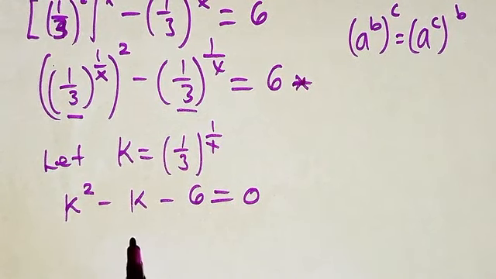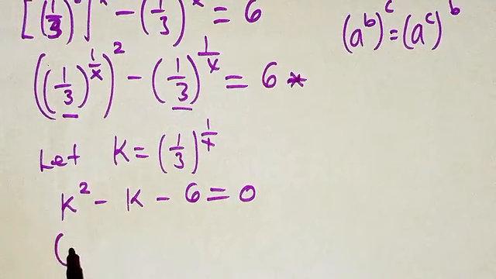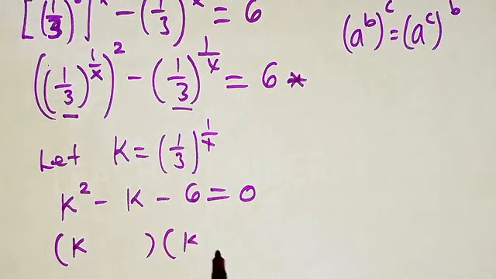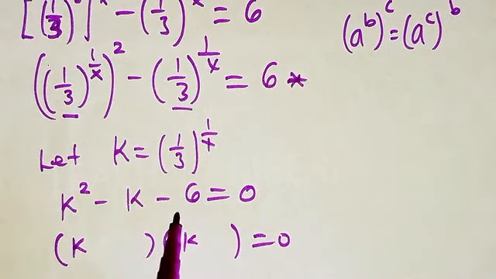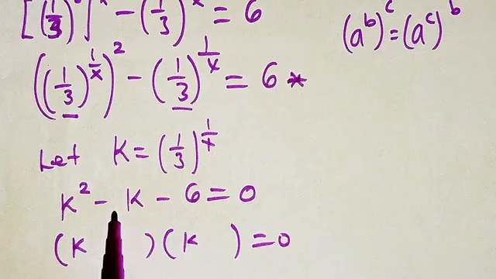We can factorize this. We look for two factors that multiply to give minus 6 and add to give minus 1k, because there is a 1 hidden here.